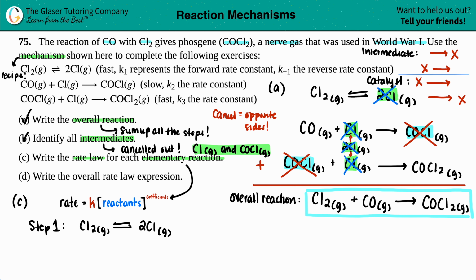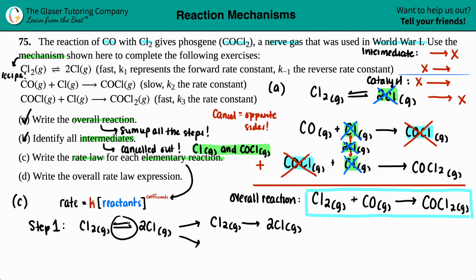Now, this one is a little bit tricky because I see a double arrow, which means that basically for this one general equilibrium equation, you have technically 2 reactions. Because just as the Cl2 gas can convert into 2 Cl gases, at the same time, you can go in the reverse direction.